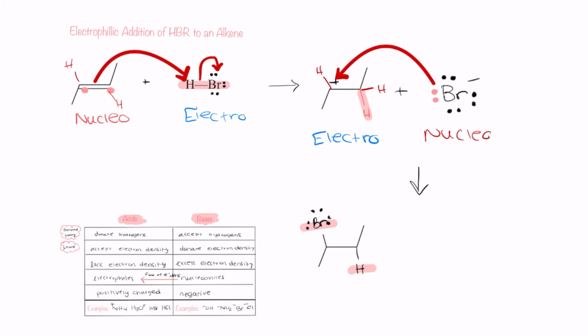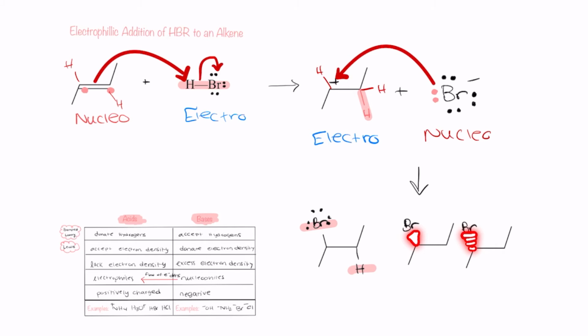I also want to point out to you that your products are going to be racemic. Now what does that mean? That means that your products might look like this. And all that means is the bromine can either join from the front position here, indicated by the wedge, or the back position here, indicated by the dash.